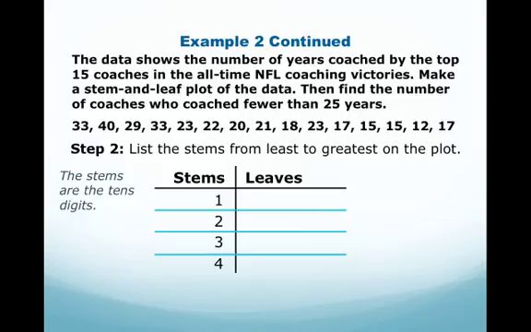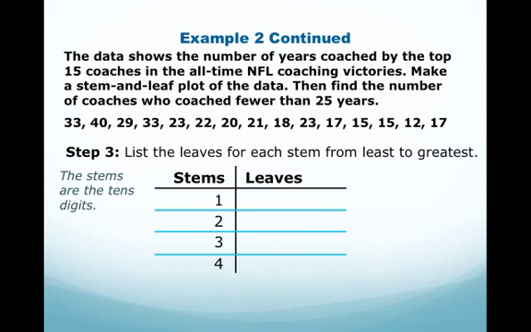Remember that the stems digits represent the tens digits of the numbers. Step 3. List the leaves for each stem from the least to the greatest. Remember that the leaves represent the ones digit.